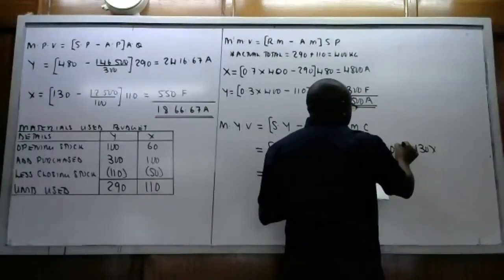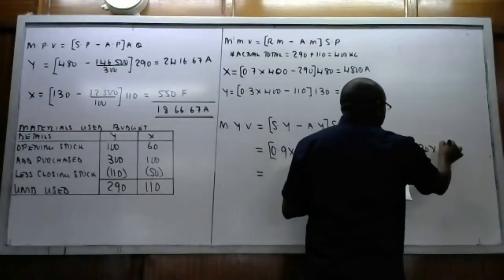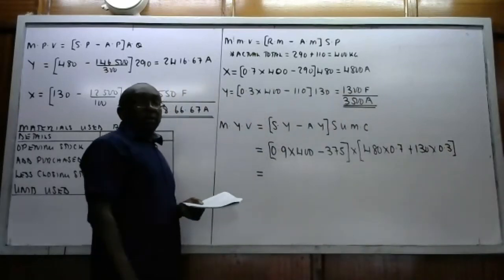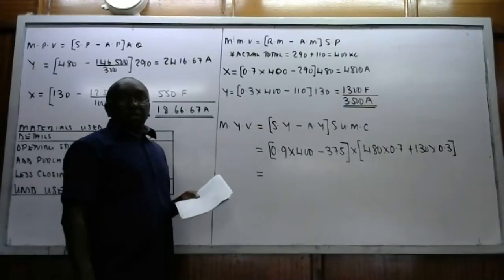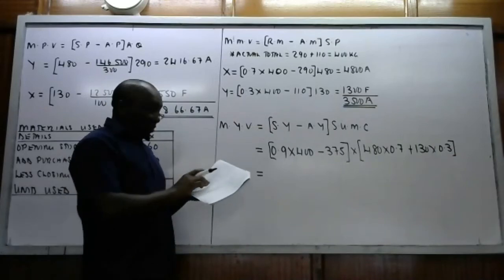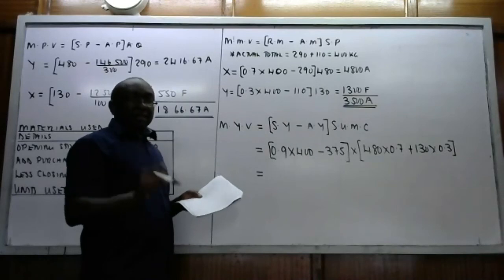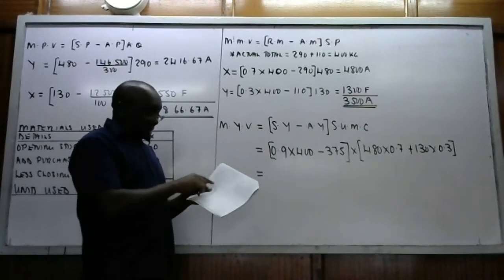So I multiply by 0.7 and here I multiply by 0.3. That mistake is very good to catch when we are almost going to the exam. You should be very careful. It is a trick the examiner uses.